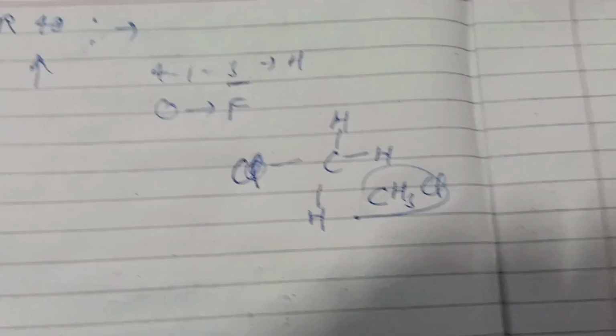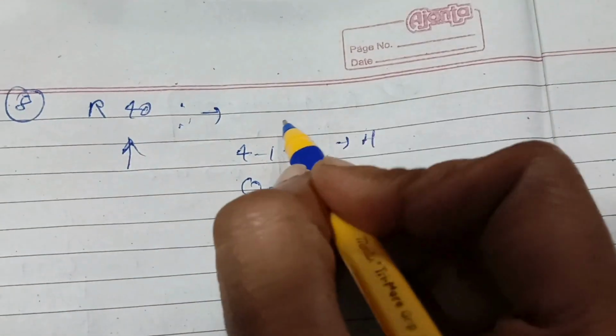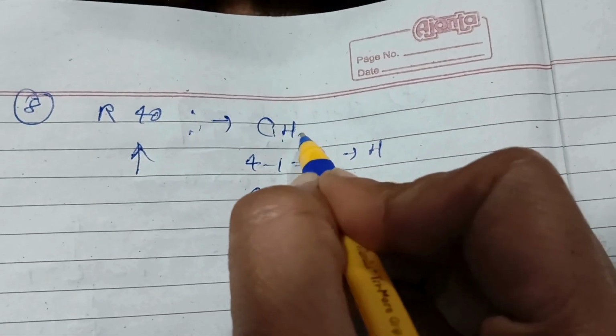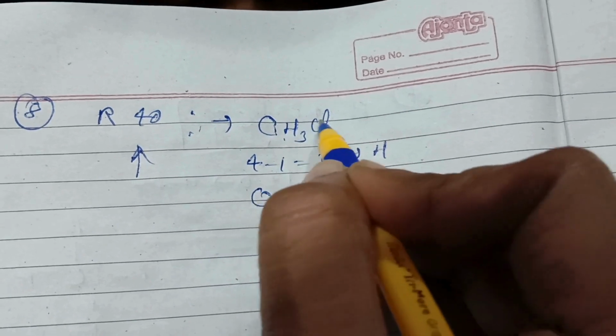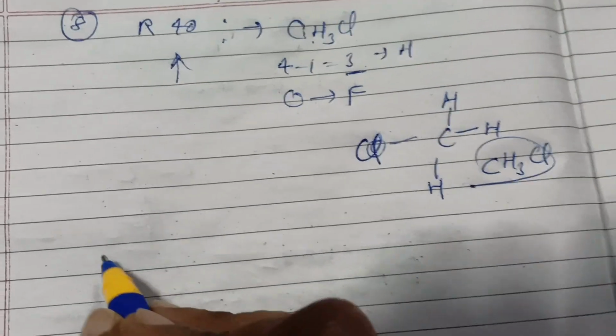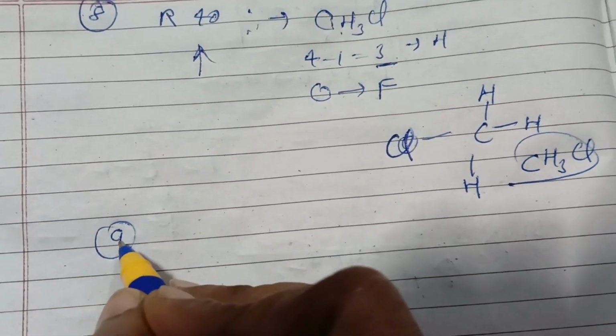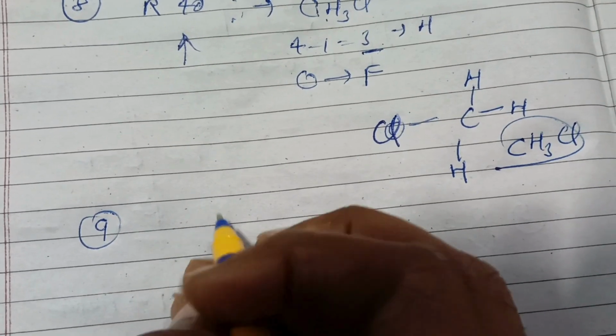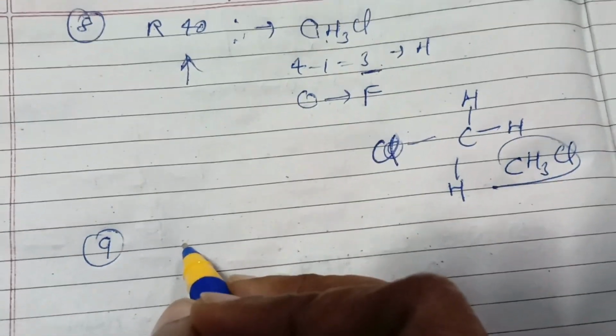We just got CH3Cl. You can write it either way, CClH3, as you see in the option. Now next we can take another one.